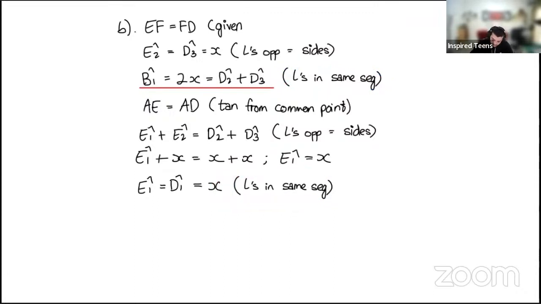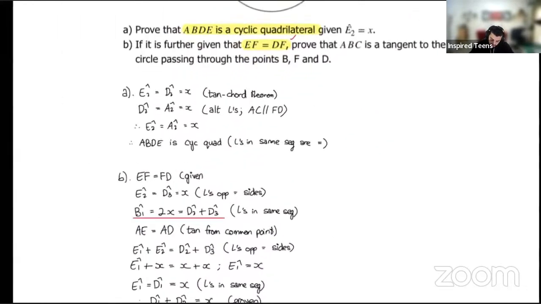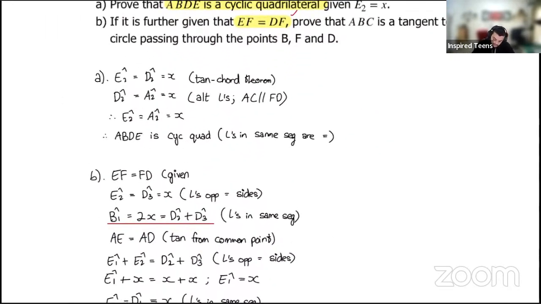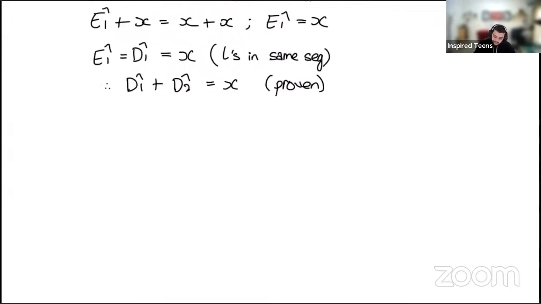Then we said therefore angle D1 plus angle D2 is equal to x. And just say proven for this because you've proven D1 is x and you've proven D2 is x in previous questions. Here we prove that D2 is x, and here we're proving D1 is x. So this is the second main one. D1 and D2, sorry, this is 2x because you add them together.